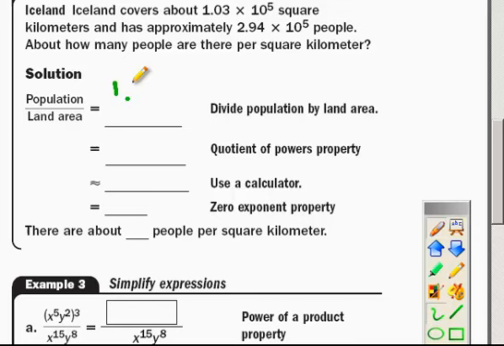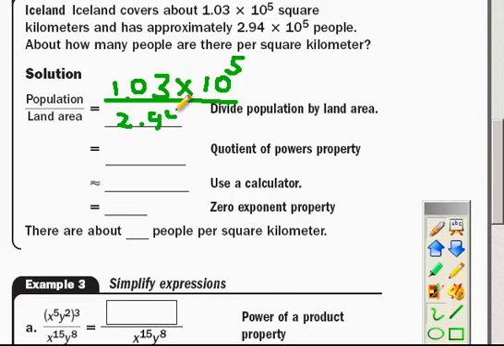Well, you have 1.03 times 10 to the 5th. It's not the best problem in the world because they use 10 to the 5th and 10 to the 5th. But 1.03 times 10 to the 5th over 2.94 times 10 to the 5th. Well, right away, is there anything the same on top and on the bottom? 10 to the 5th, 10 to the 5th. Those cancel each other out. And you end up with 1.03.